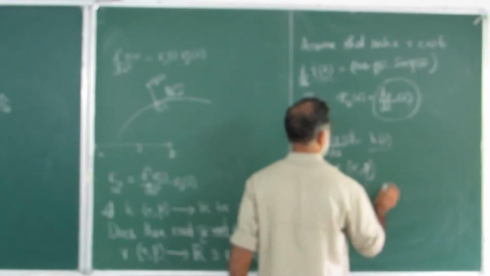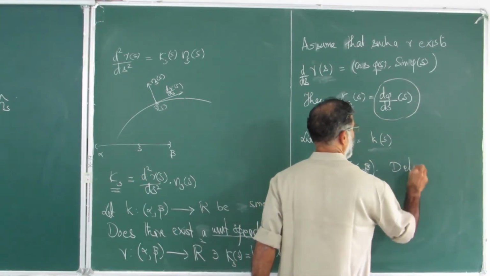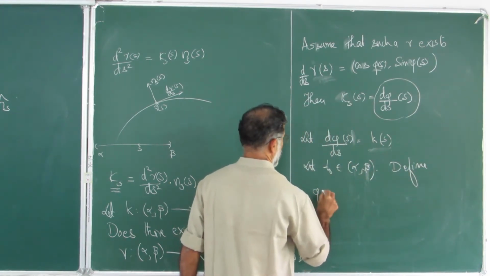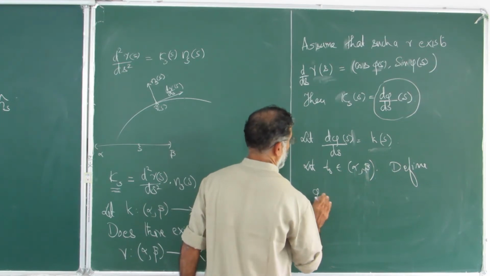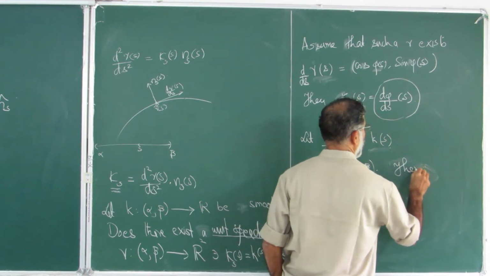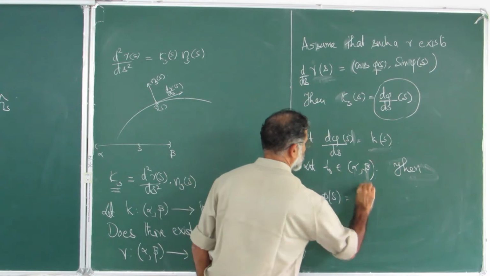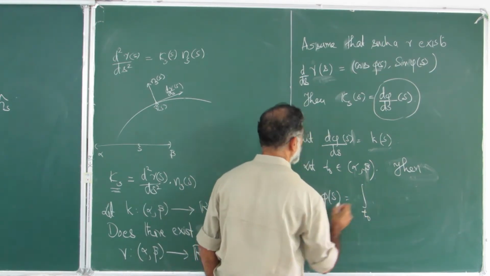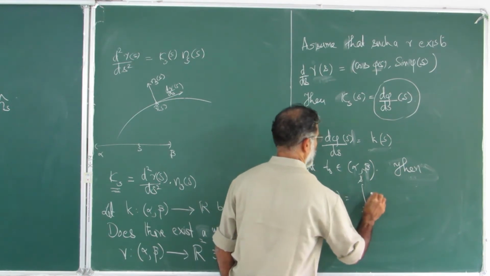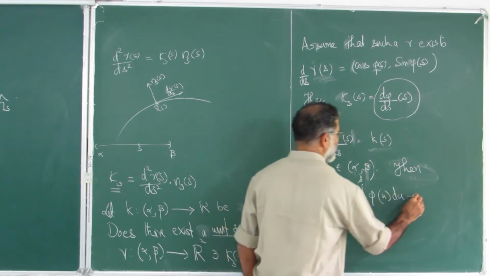So let us fix this and define phi to be the integral from t naught to s of K(u) du plus a constant.